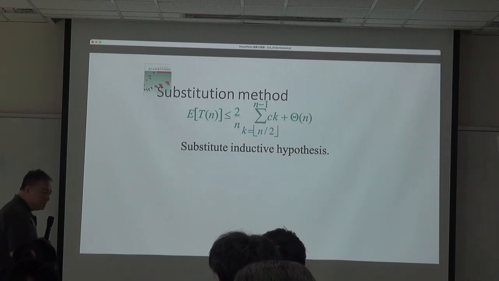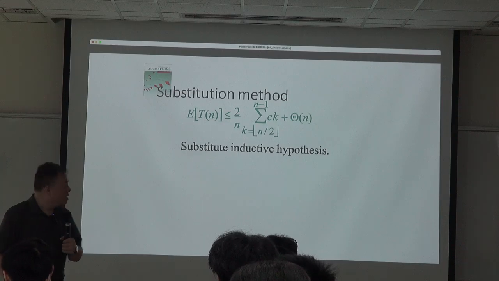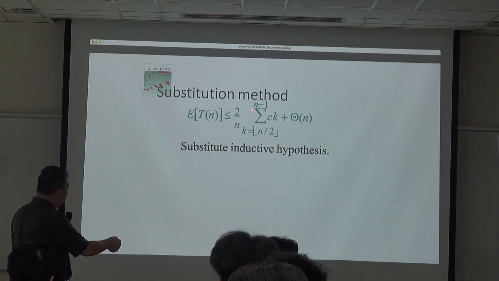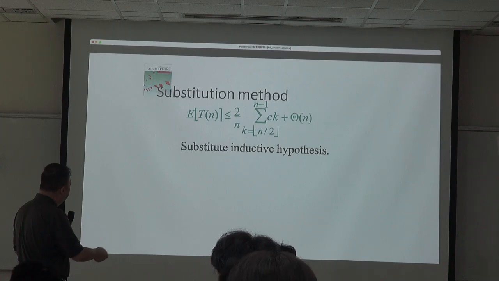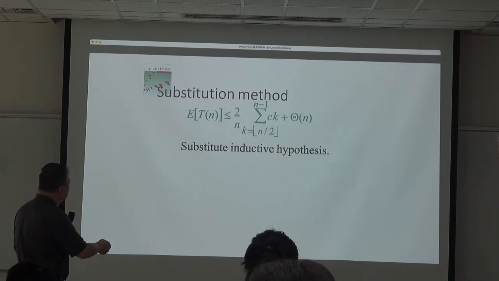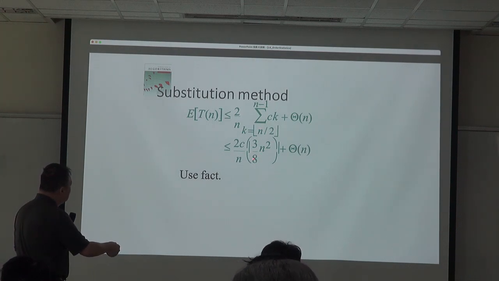This is because of the induction hypothesis, and C can obviously be moved to the outside. And then we have this one, exactly this one. So we could replace that summation with 3/8 times n squared.